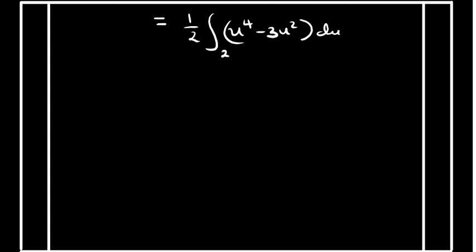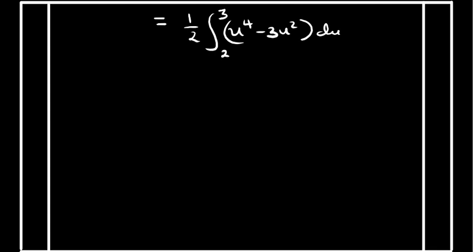equals to the integral of a half, we pulled out a half, into brackets u power 4 minus 3u squared. And we're integrating all these with respect to u, but remember the new limits are now 2 to 3.